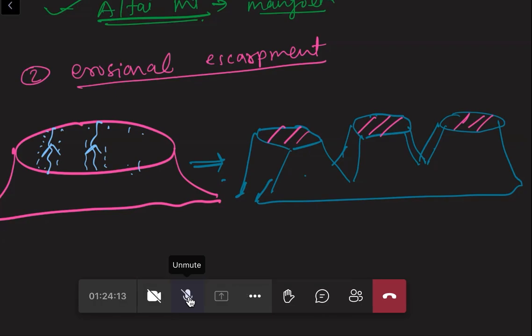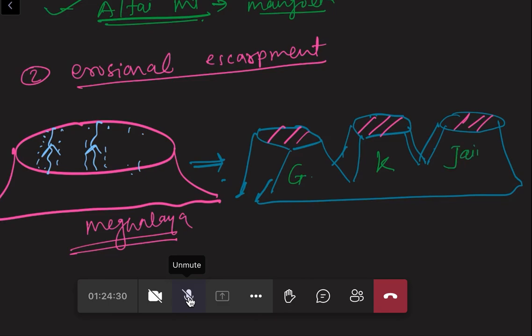Okay, this happened where? This happened in the Meghalaya plateau. The Meghalaya plateau got eroded because of rivers like Kopili and Dhansari, and we get what? Garo, Khasi, and Jaintia.